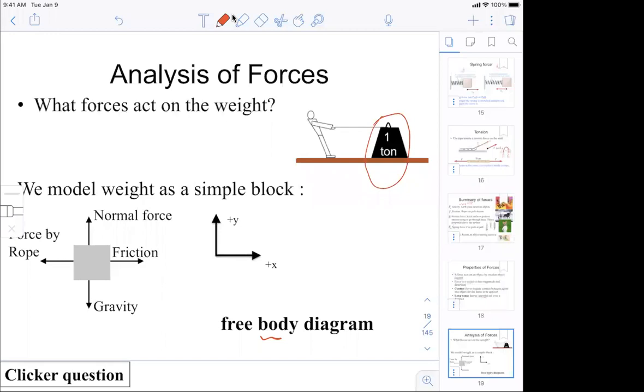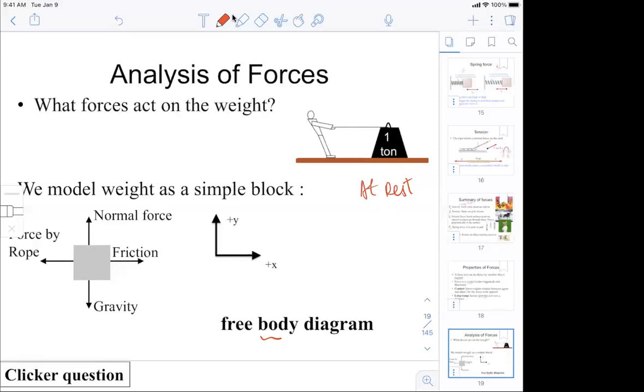So for example, you have a person pulling on literally a ton of weight. So it's a very heavy block, right? That implies that most likely this counterweight is not going to be moving. So I'm going to tell you that it's at rest.